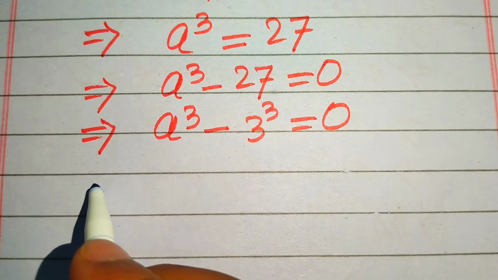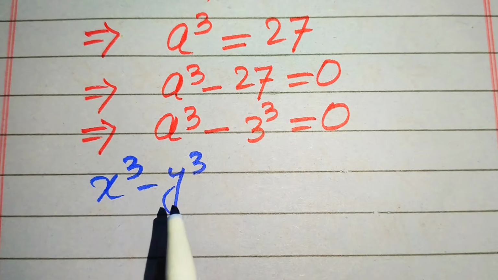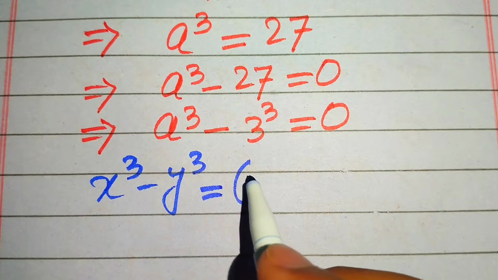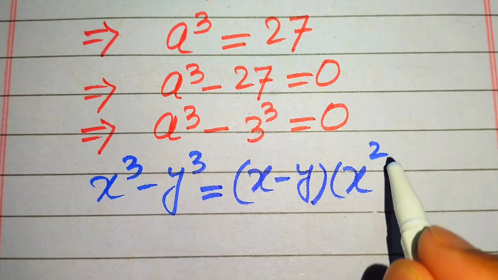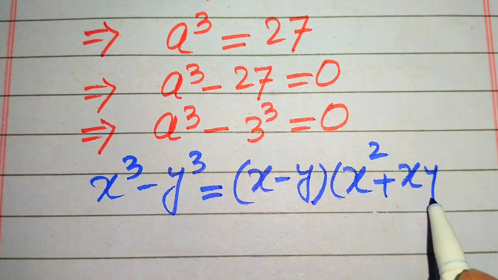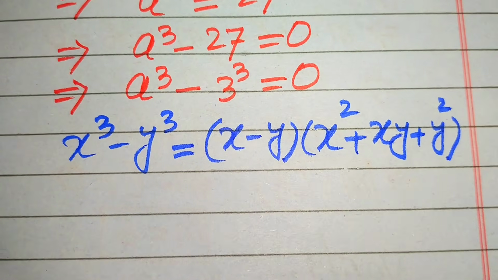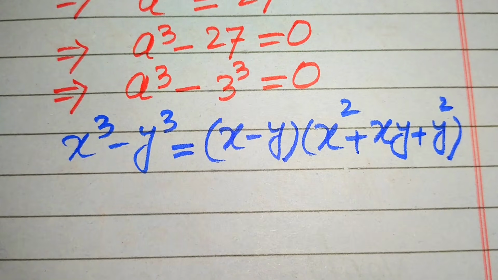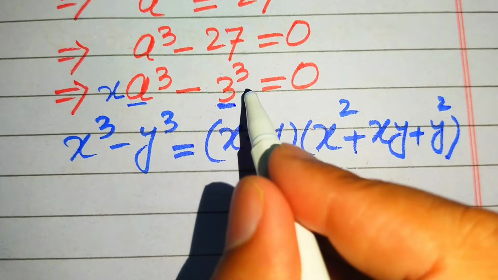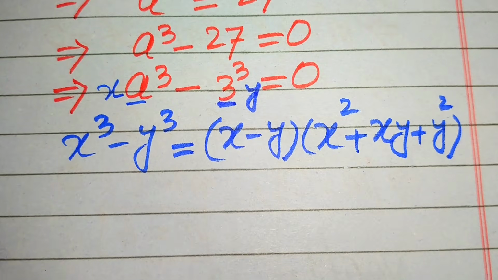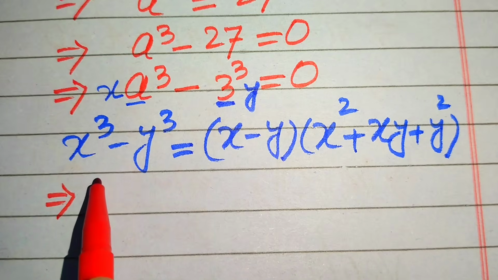You know that x cubed minus y cubed is equal to x minus y times x square plus xy plus y square. According to this formula, we expand our above equation, where the base of this term is our x and the base of this term is our y.